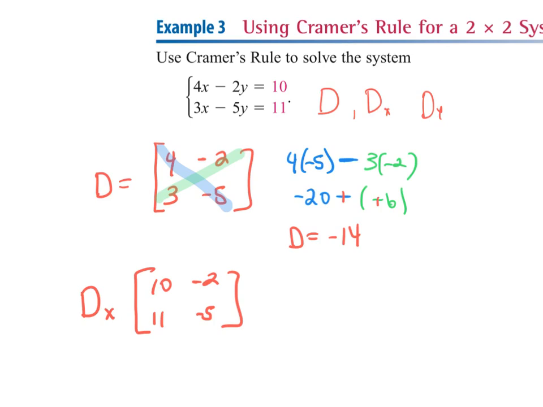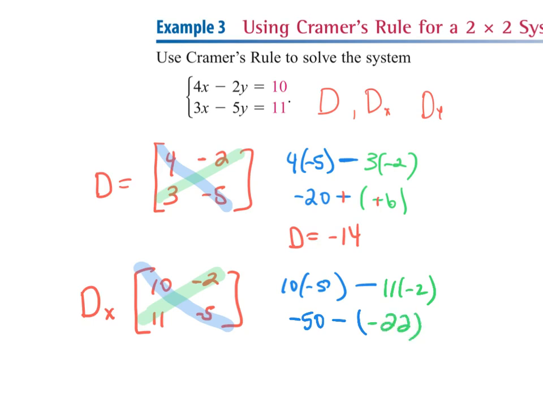So now I'm going to say what times what? 10 times negative 5, minus what? 11 times negative 2. So 10 times negative 5 is negative 50, minus what's 11 times negative 2?